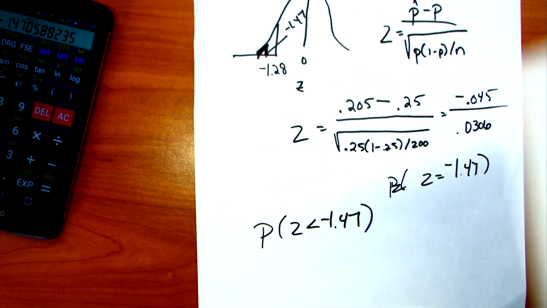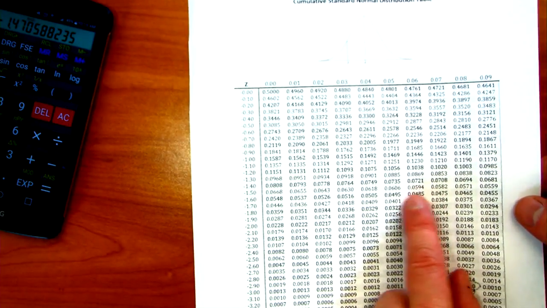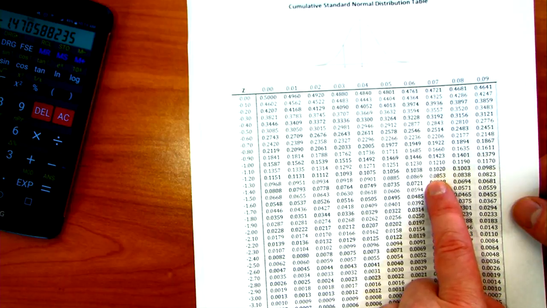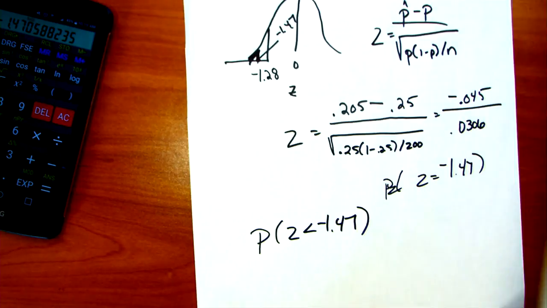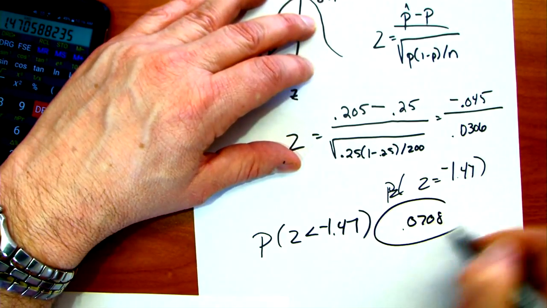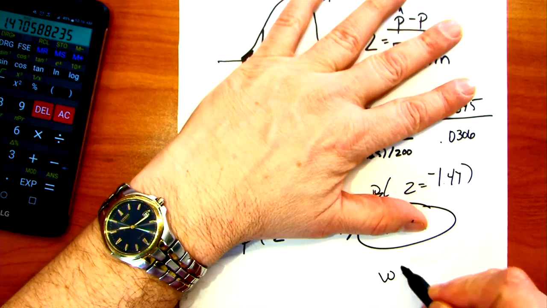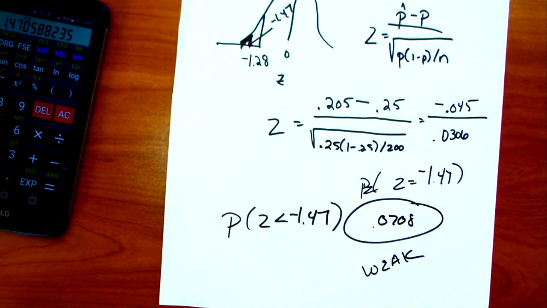Negative 1.47 tells me 0.0708 is my p-value. So in a word, how much evidence do I have? I have weak evidence. By the way, that quiz you did, I think the p-value comes out to be 0.06 something, and you get weak evidence.